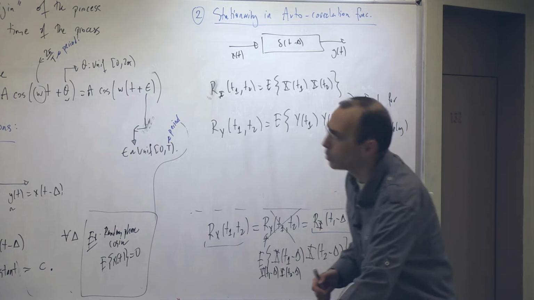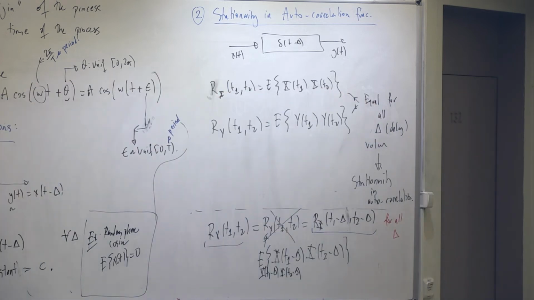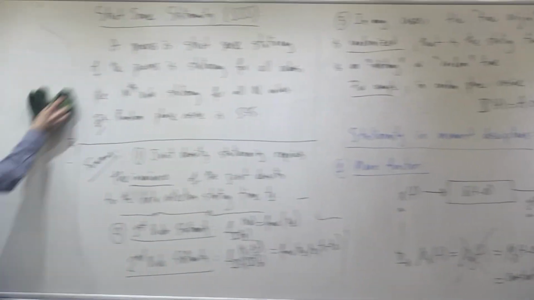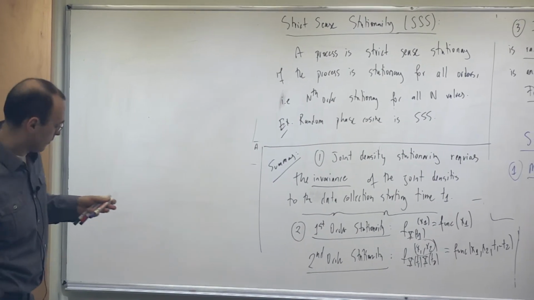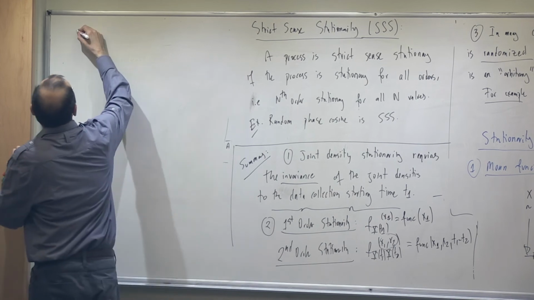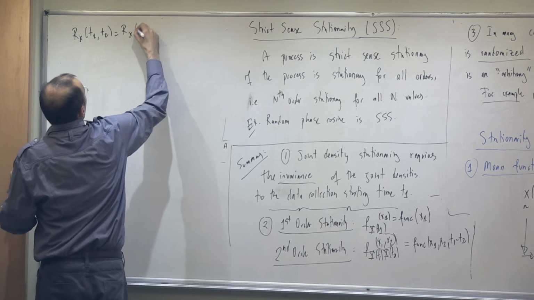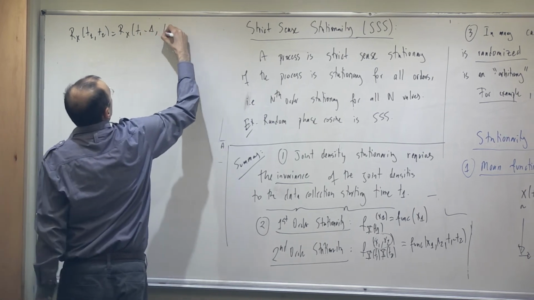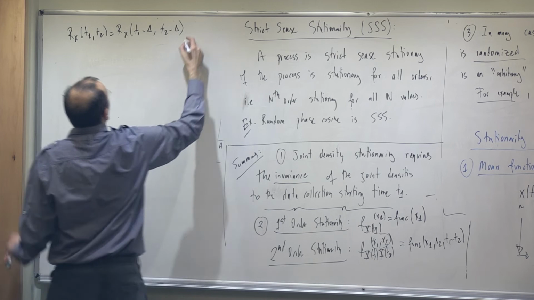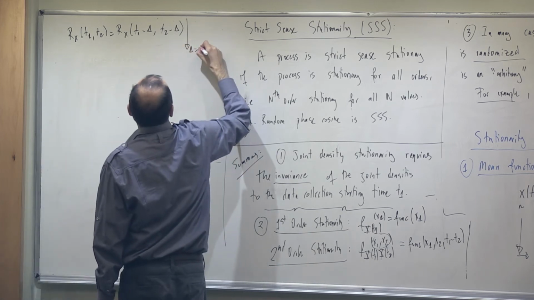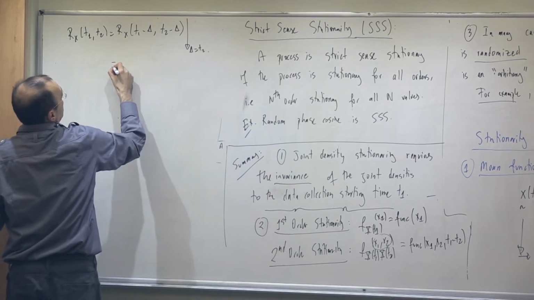So one more time, I think you get the idea because it's related to these comments, the T1 minus T2 dependence. I'm writing the same thing one more time. Let me say delta is equal to T2, a special case.